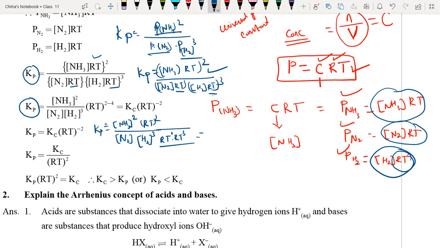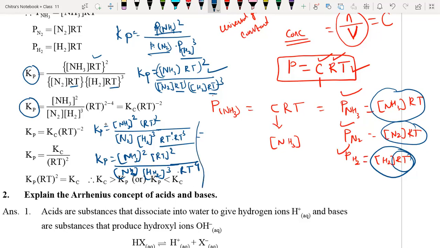In the next step, Kp equals NH3 to the power 2 into RT to the power 2, divided by concentration of N2 into concentration of H2 to the power 3 into RT to the power 4.